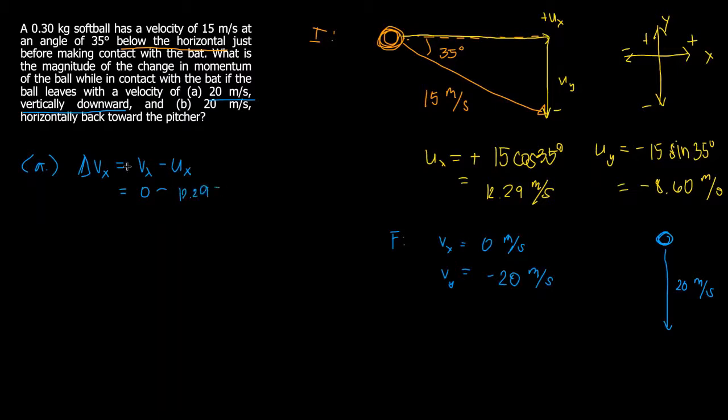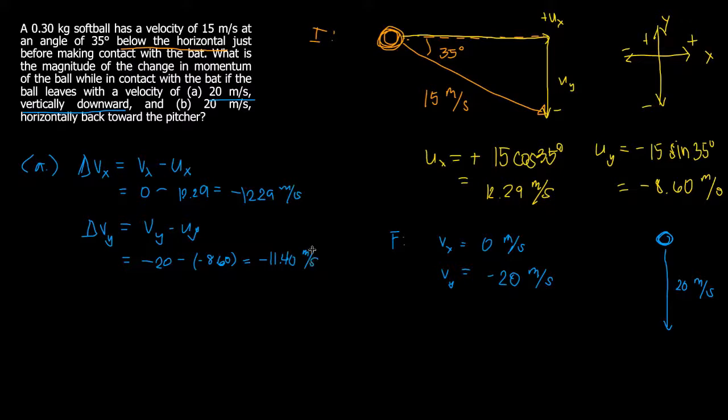Therefore, your delta v sub x is negative 12.29 meters per second. Ngayon, hanapin na natin yung delta v sub y. Ang delta v sub y, same lang, that is v sub y minus u sub y. So, ang v sub y natin is negative 20 minus ang u sub y, that is negative 8.60. So, that is equal to negative 11.40 meters per second.